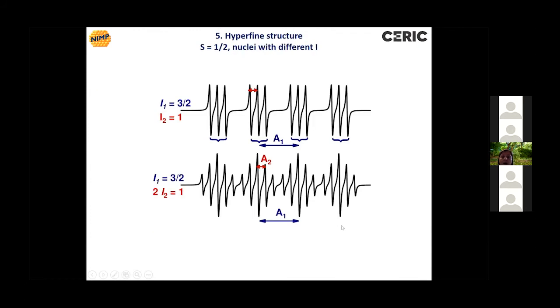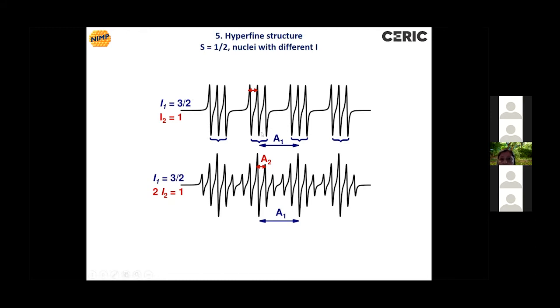And when we have a more complicated situation where the electron interacts with 2 different nuclei, and so with different nuclear spin and also with different hyperfine coupling. When we have a spin 3/2, we expect a hyperfine structure of 4 lines.